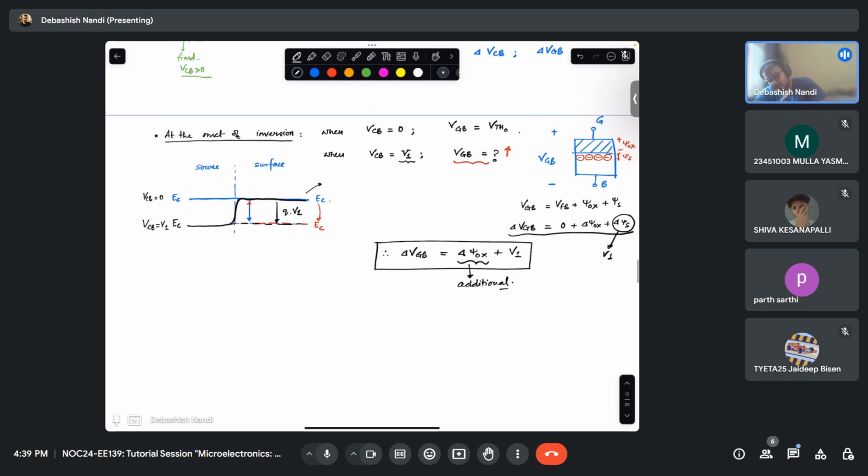So what I mean to say is that suppose your VCB is 0, then let's say your VTH is 0.3 volt. When your VCB is let's say 1 volt, your VGB will be greater than 1.3 volt, because your surface potential has to increase by 1 volt.